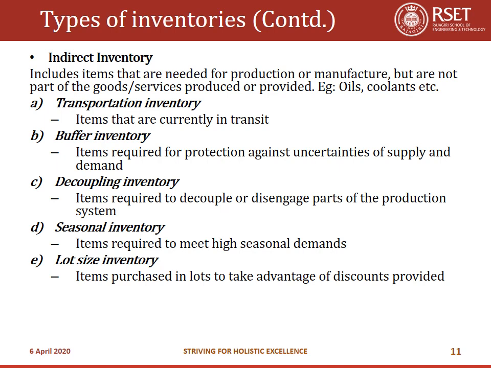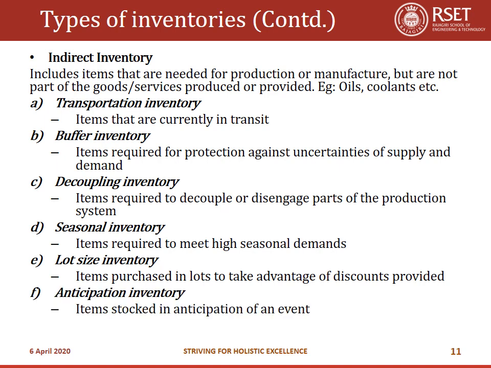The extra material that you have with you for the sake of obtaining the discount is known as lot size inventory. Then there is something known as anticipation inventory. Anticipation inventory is items that are stocked in anticipation of an event. You are anticipating that the public would want to buy your product during this time.